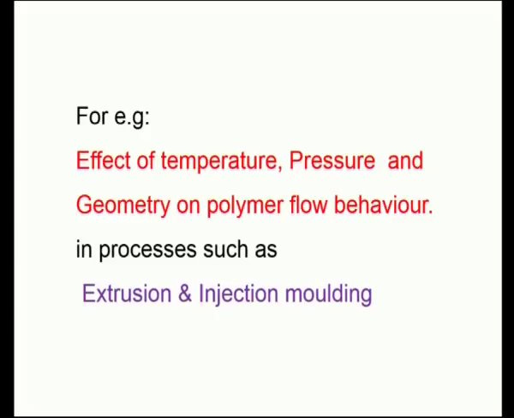And in this, for example, the effect of temperature is of course very important. Like other materials, for polymeric materials the viscosity drops when you increase the temperature, and pressure has almost little effect compared to conventional materials, and of course geometry.